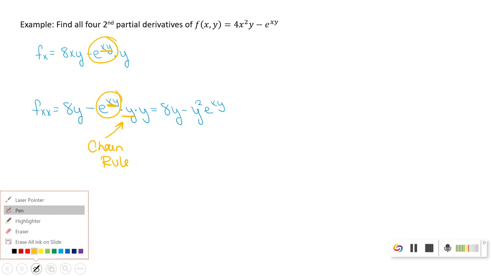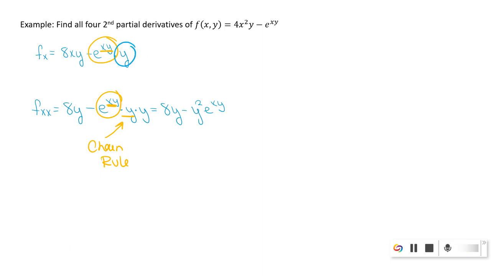Again, we're taking the derivative with respect to x, and so that y that's outside of the e is kind of like a constant, so it's just staying there. We don't have to use the product rule because we're finding the derivative with respect to x. So if we go ahead and simplify this, that gives us 8y, and then I'll write that as minus y squared e to the xy. All right, so there is f sub xx.